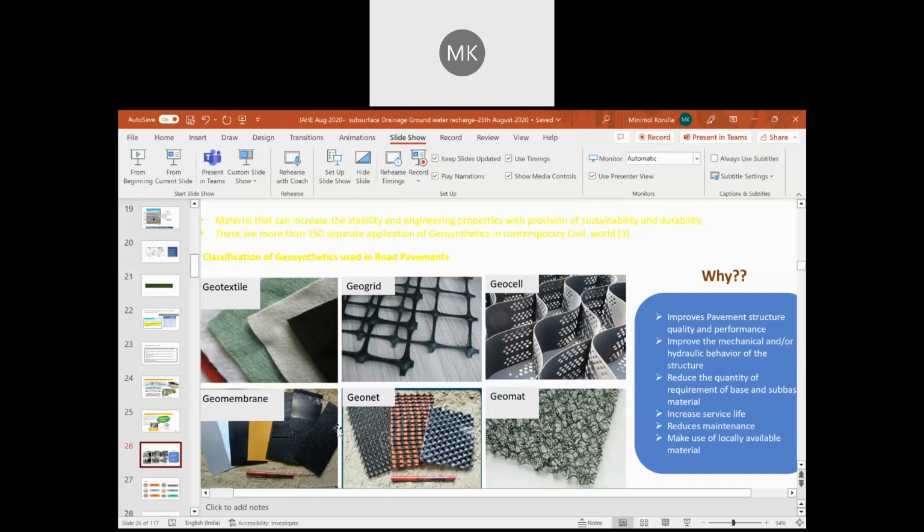So subsurface drainage and groundwater recharge. This is the syllabus prescribed by IIH.